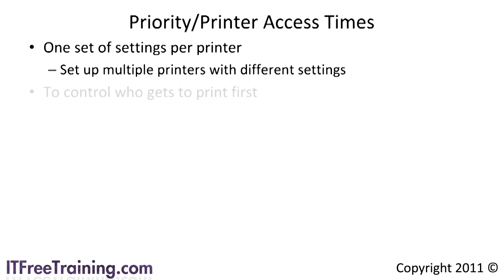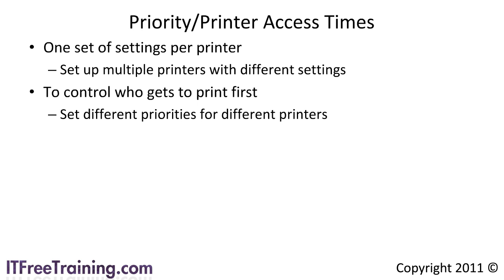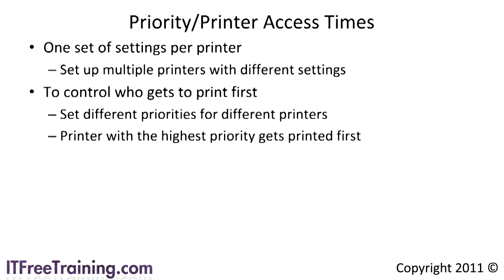Priorities are used to determine whose job will print first. Once you have set up multiple printers for the same print device, set different priorities for the different printers to control the priority of jobs. The printer with the highest priority always prints first. Once this printer has run out of jobs, the printer with the next highest printer priority will print next.